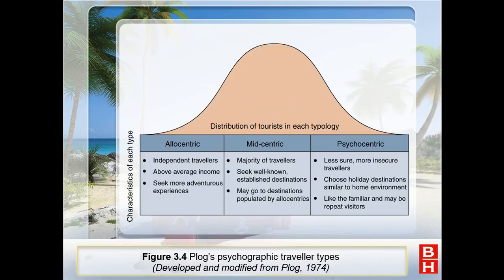Now, another way of looking at the type of tourists and why tourists travel is Plog's psychographic traveler types. On the one hand, he has the allocentric traveler, who is the spontaneous, adventurous type of traveler. We all have that person in our circle, the person who wants to go to the Amazon and zip line there, or do something adventurous. On the opposite side, you have the psychocentric traveler who is more comfortable going to a place that is very familiar, that is very similar to their place of origin.